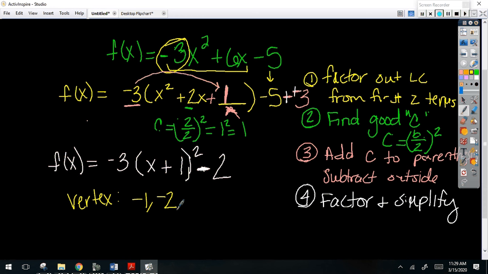Okay. Let's do one more and see what happens. Let's take this standard form. And actually... I'm going to move some things around.